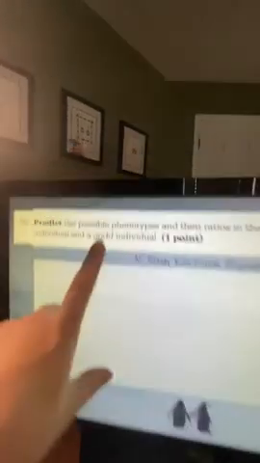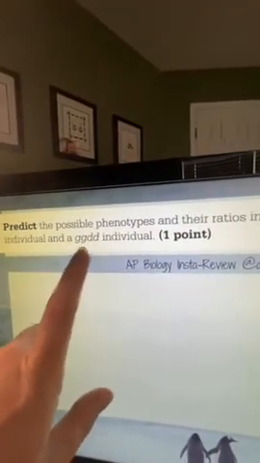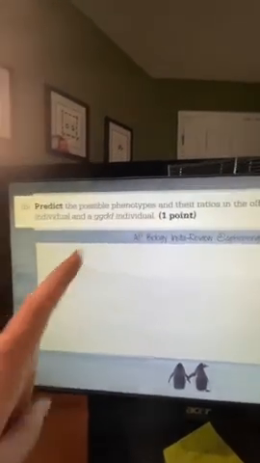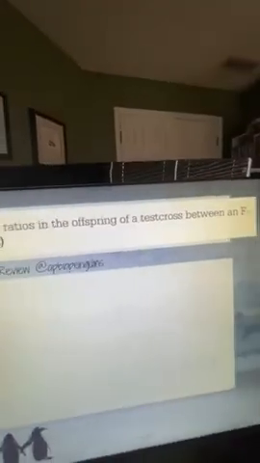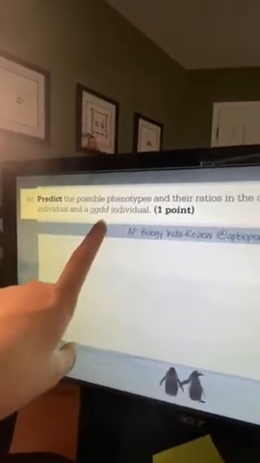So the next part of this question, part B, we had to predict the possible phenotypes and their ratios in the offspring of a test cross with the F1 individual and a homozygous recessive for both alleles, so double recessive. Okay, students often don't understand what a test cross is. They told us there's a test cross between the F1 and the homozygous recessive, right?